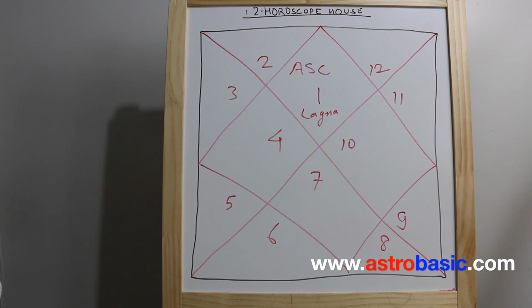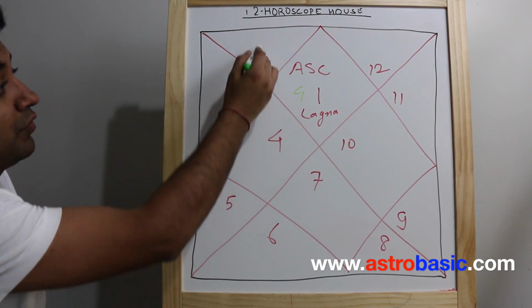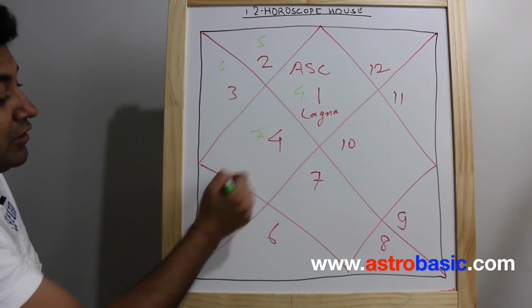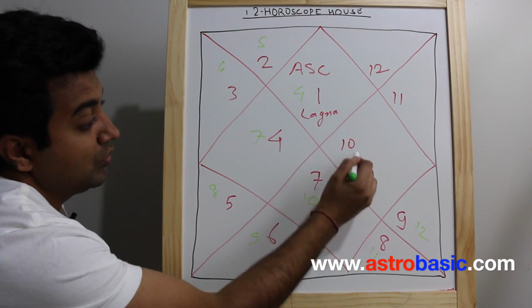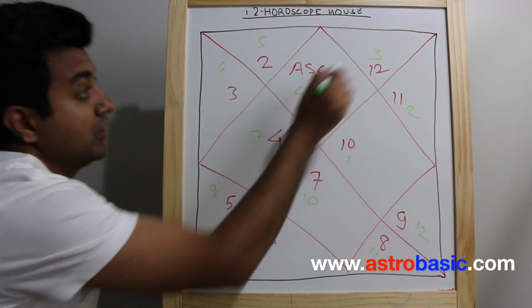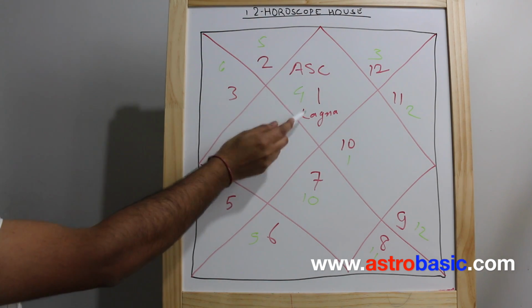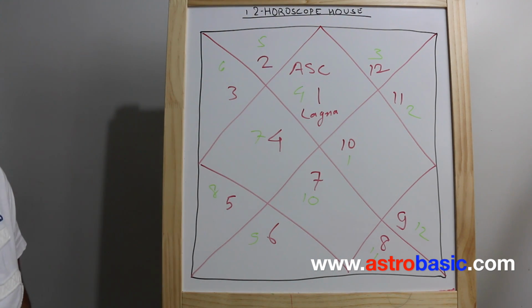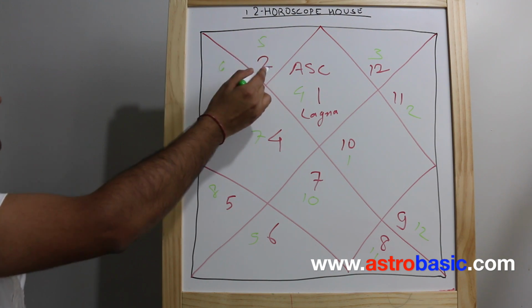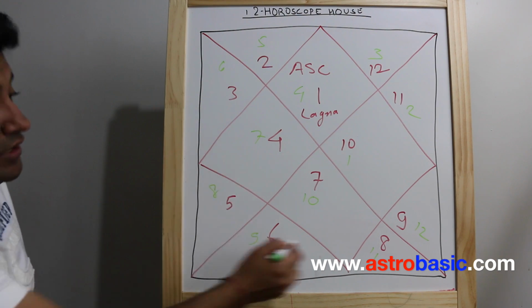When you generate the chart, you will see numbering like 4, 5, 6, 7, 8, 9, 10, 11, 12, 1, 2, 3. This 4 is not the fourth house. It is still the first house, but it is ruled by the fourth zodiac sign, Cancer. The second house is still the second house, but it is ruled by Leo. Like that you see the numberings.